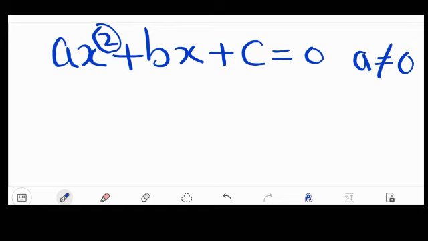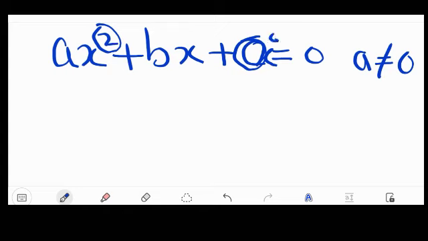It means that in every term we have a variable, and the power of the variable must be a whole number. For example, with c, which is a constant, we also have one variable, that is x, but the power of x is 0.